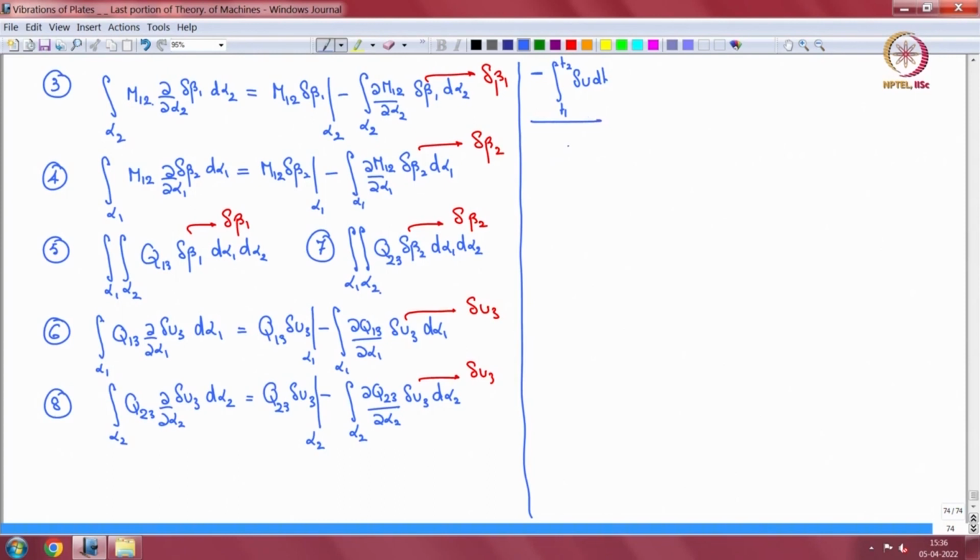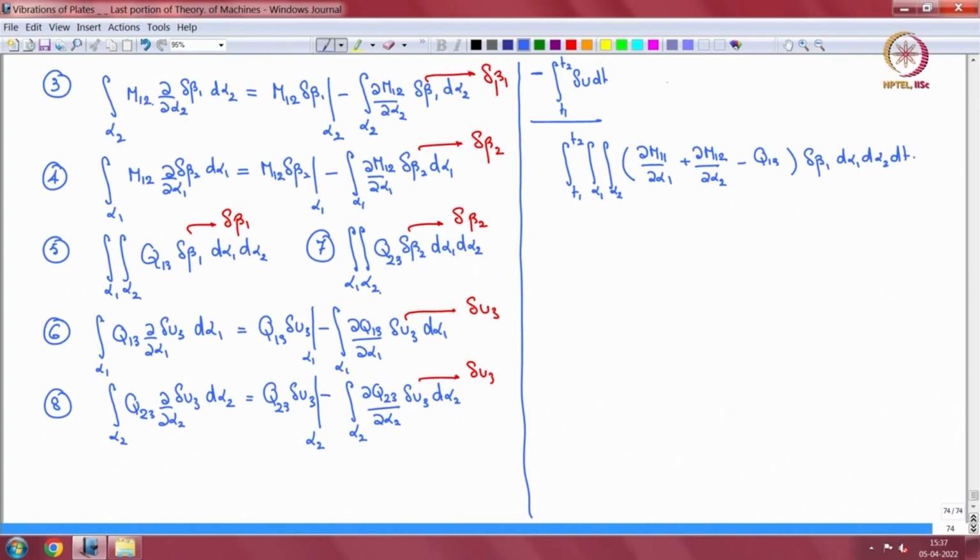What we now get is the integral T1 to T2 integral alpha 1 integral alpha 2 of del m11 by del alpha 1 plus del m12 by del alpha 2 minus q13, delta beta 1 d alpha 1 d alpha 2 dt.